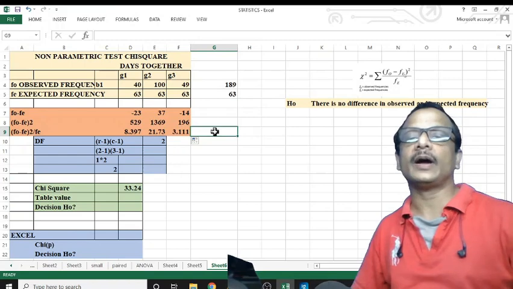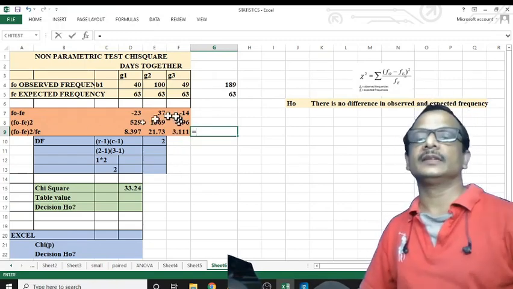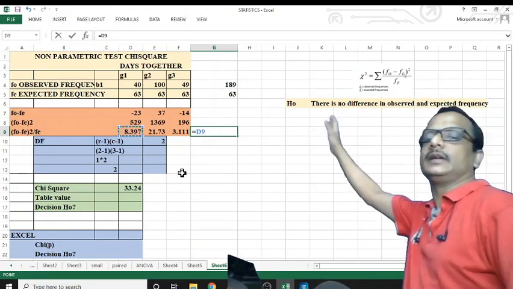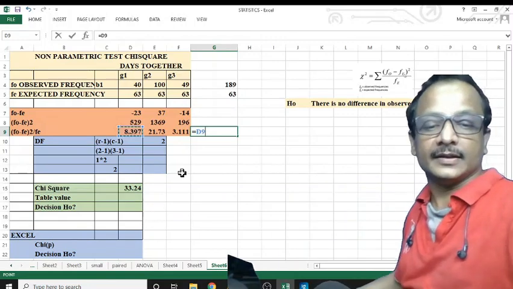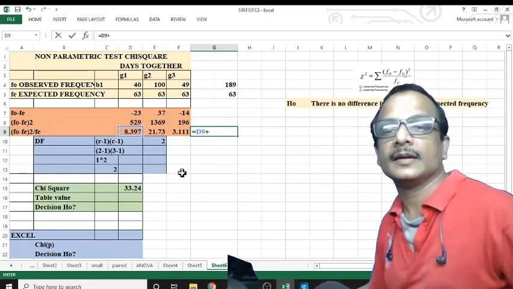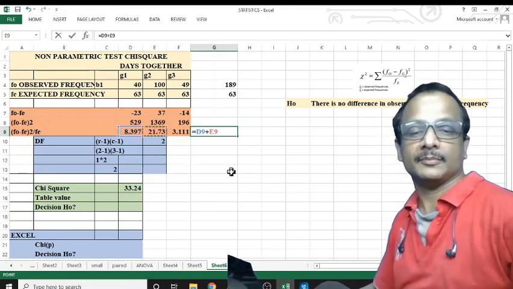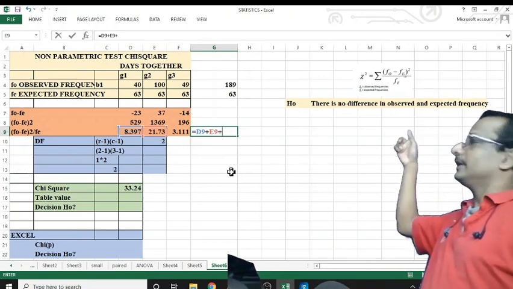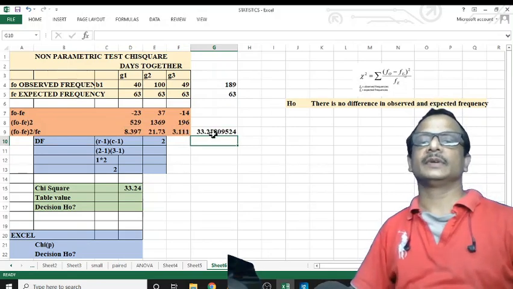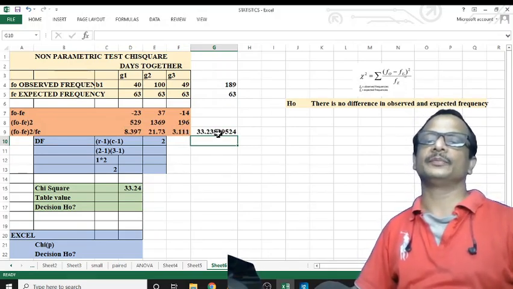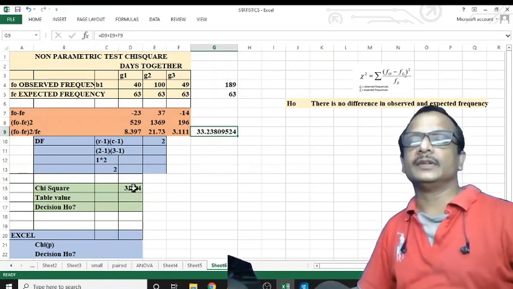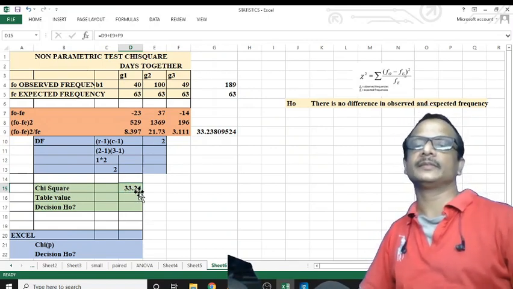Sigma means we have to add these values together: 8.397, plus 21.73, plus 3.111, which gives 33.24. That is the chi-square value we obtained.